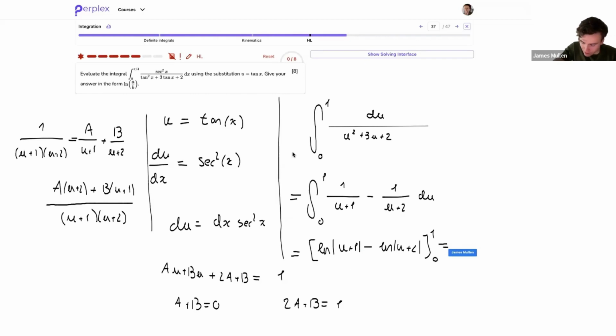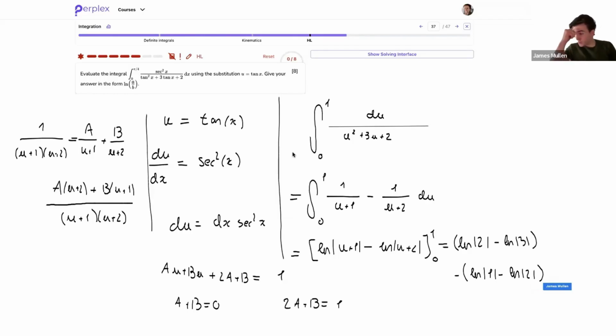So I'm going to have ln of 2 minus ln of 3, and then minus, that's the value at 0, ln of 1 minus ln of 2. And ln of 1 is just 0. And so I'm going to end up with 2 ln 2 minus ln of 3.